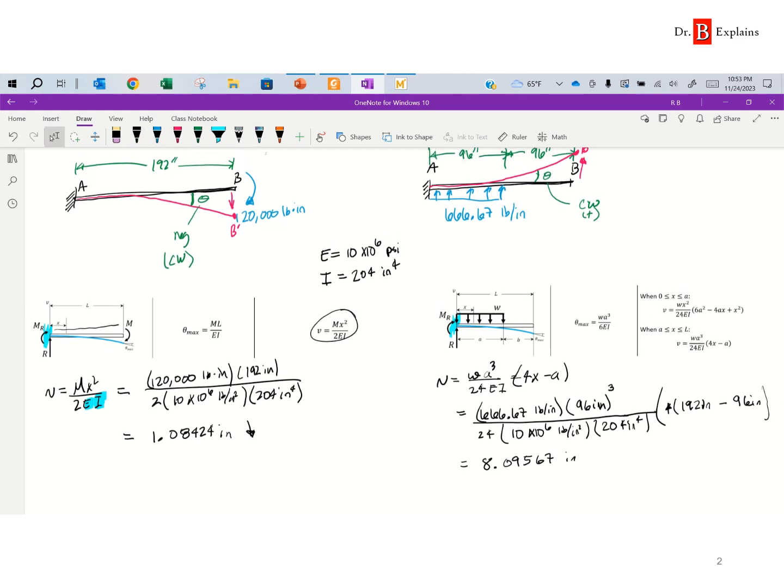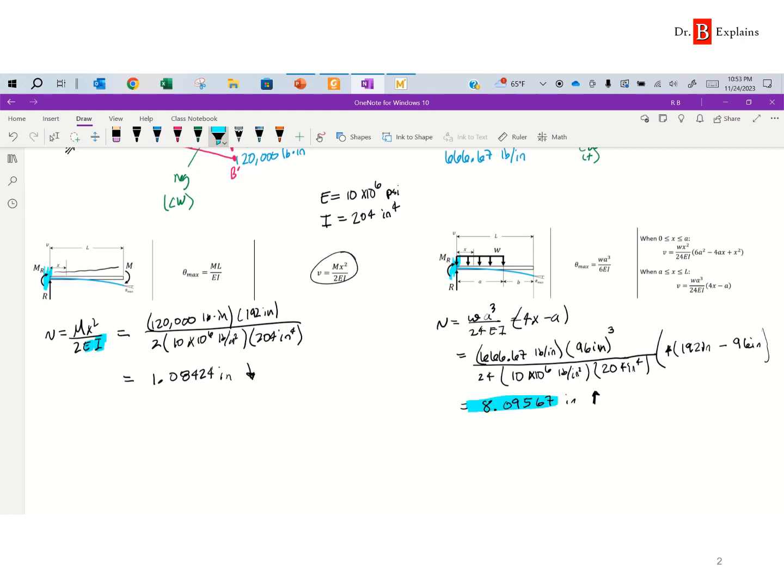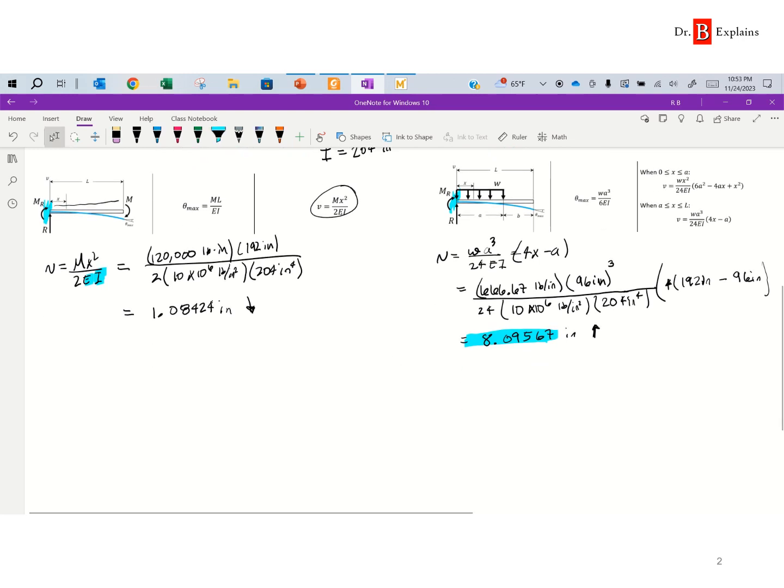Again, if we go back to the drawing that we made for the elastic curve, we see that the deflection is up, right? So we can see the two are competing. The moment is trying to deflect the tip of the beam down, while the distributed load deflects it up. This number is bigger, so at the end of the day, the end of the beam is going to deflect up.